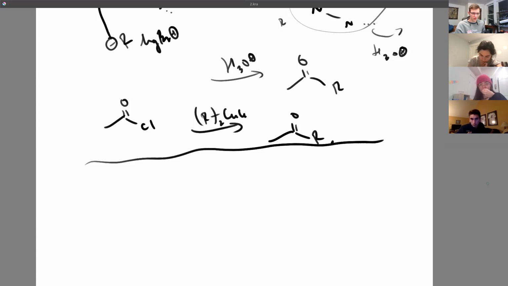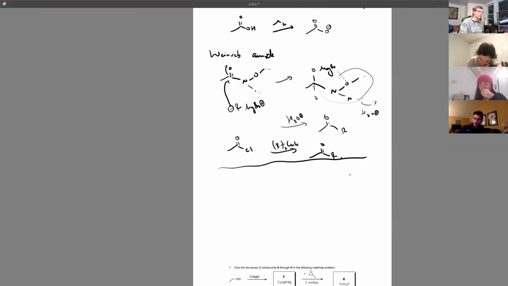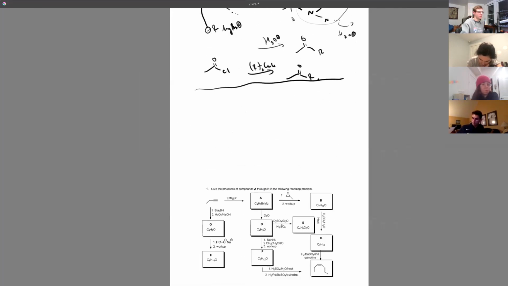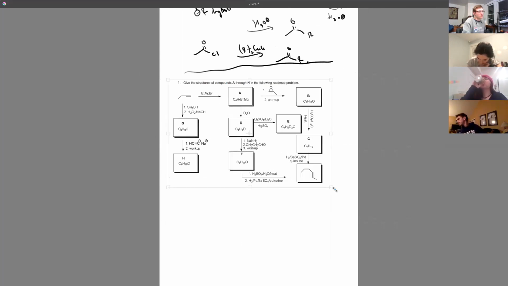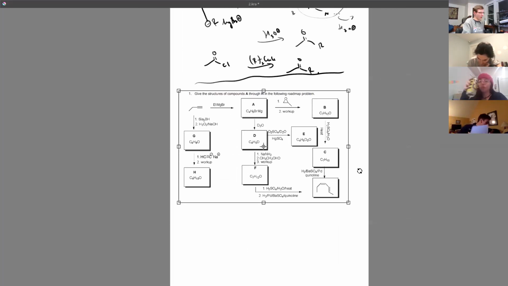So let's start with one of these roadmaps, which are long. Let's start with one of these.